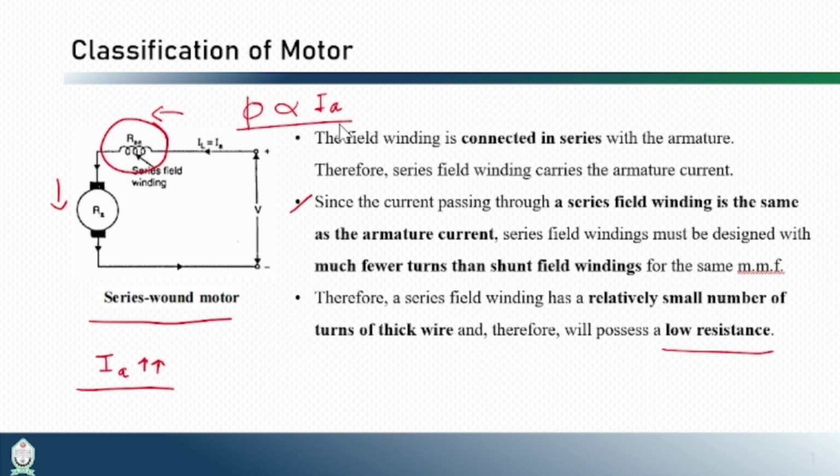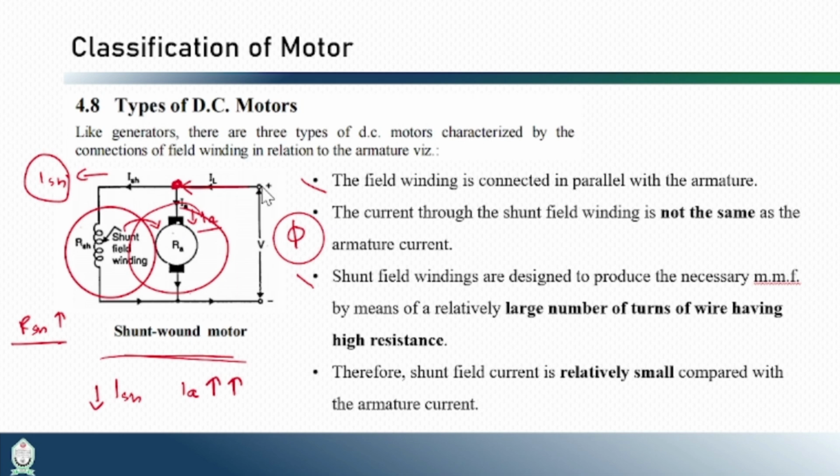So the major takeaway from these two classes of motor is the difference in the relationship between flux and the armature current. For series wound motor, flux is proportional to the armature current, and in shunt wound motor, flux is not connected with the armature current, rather it remains most of the time constant.